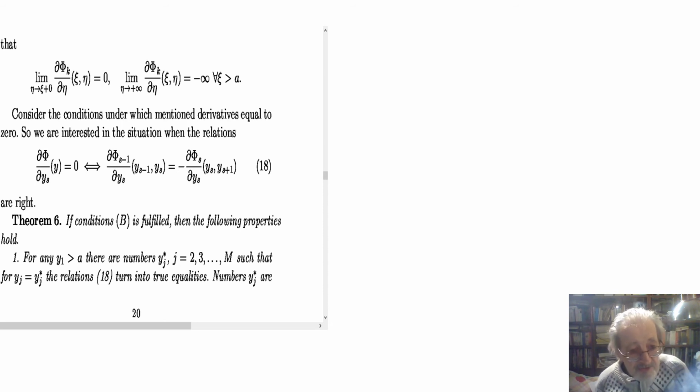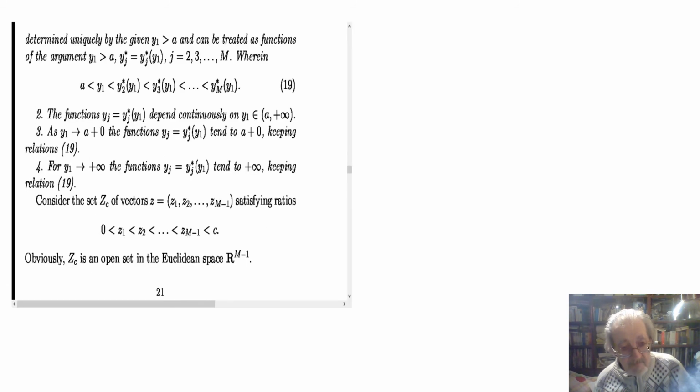If conditions B are fulfilled, then the following properties hold. One, two, three, four properties.